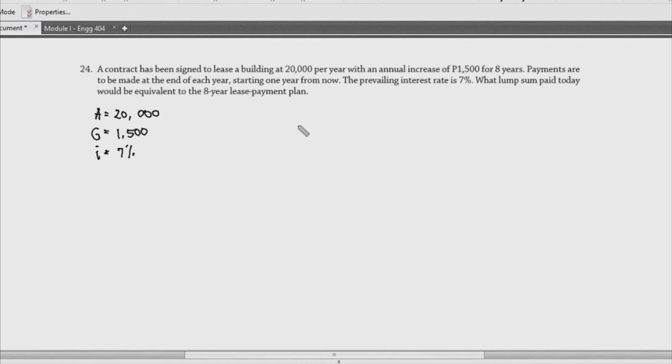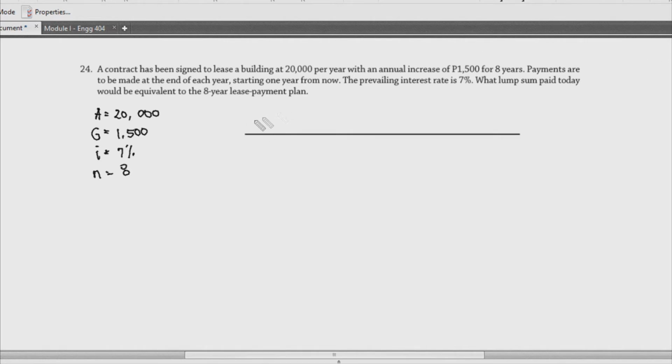Now, what lump sum paid today would be equivalent to the 8-year lease payment plan. So, therefore, our N is equal to 8 because 8 years is our payment plan. Now, you can draw the arithmetic gradient but it is not necessarily needed, since these are direct substitution values.